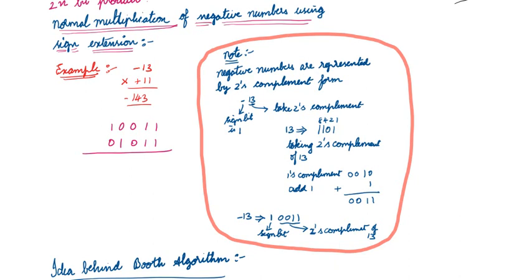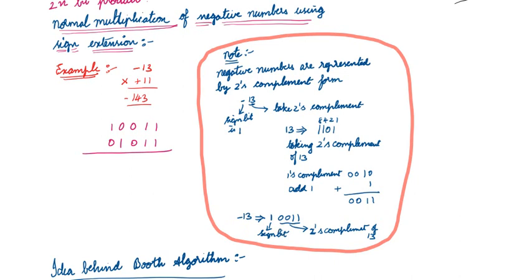Now we add 1 and get 0011. So what is the final answer for minus 13 in 2's complement form? Since it is minus, the sign bit is 1, and the rest is the 2's complement of 13, which is 0011. So this is minus 13 represented in 2's complement form.